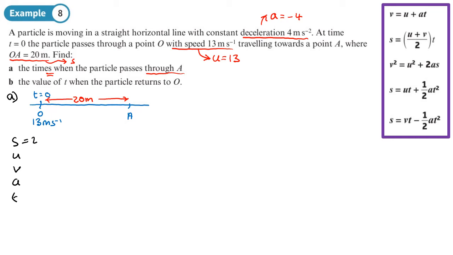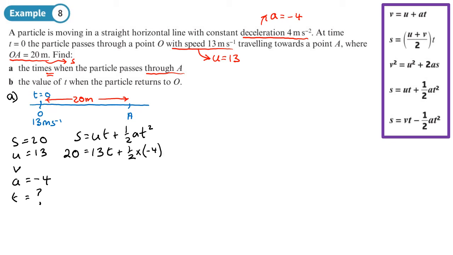So S is 20, U is 13, V we don't care about, A is -4, and we want to find T. So the equation that has S, U, A and T is S equals UT plus half AT squared. Always write the equations out. As you use them, you will just get used to remembering them. So we now substitute in the values. 20 equals 13t plus half A, that's -4, t squared.